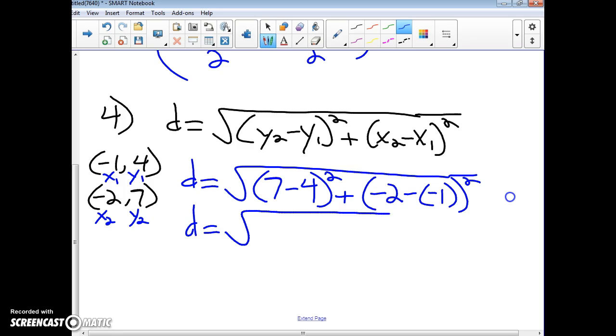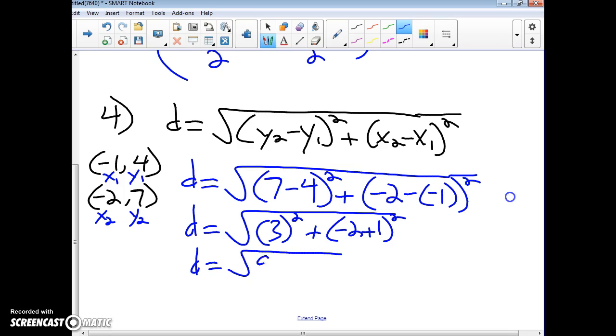Doing some simplifying, I wind up with 7 minus 4 is 3 squared, plus negative 2 plus 1 squared. Keep going. 3 squared is 9, plus negative 2 plus 1 is negative 1. If you square negative 1, you end up with positive 1. Equal to square root 10, and that's where I wanted you to stop on that problem.